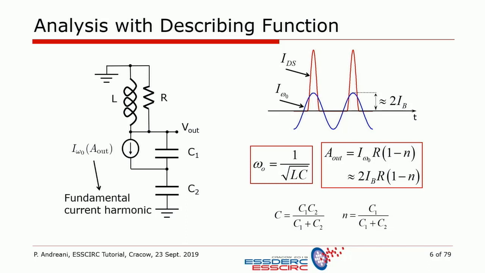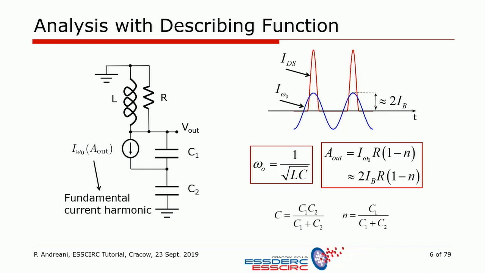And then we have the oscillation amplitude, which is again given by this value: the fundamental harmonic of the current at omega 0, times the impedance of the tank at omega 0, which is by definition R, the parallel resistance.